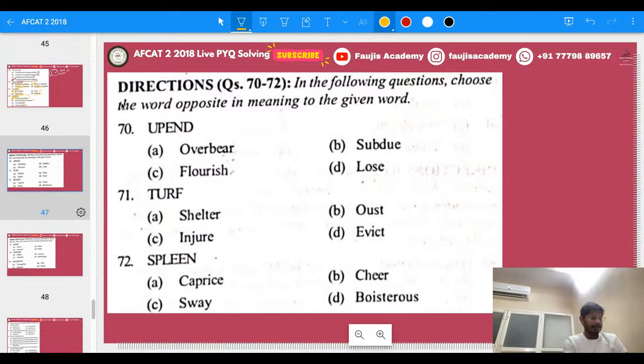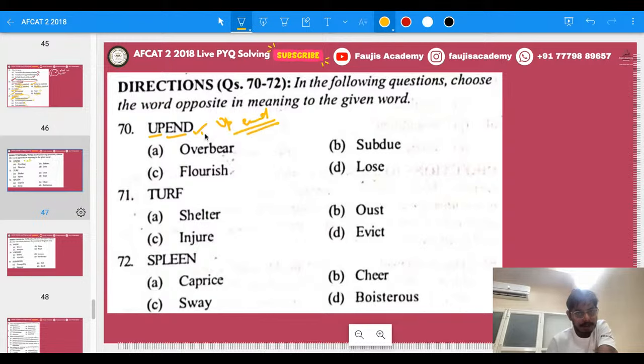Now it starts, antonyms and synonyms, guys. Upend. Please write down the question number and answer. Upend. The up has come to an end.